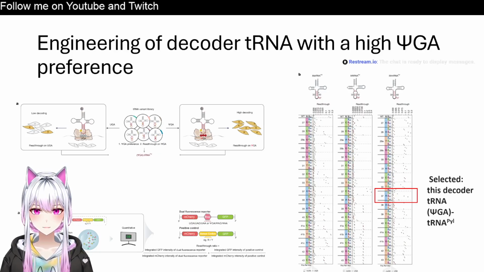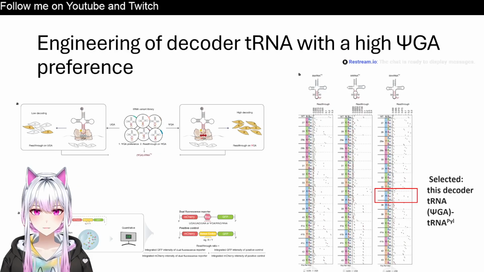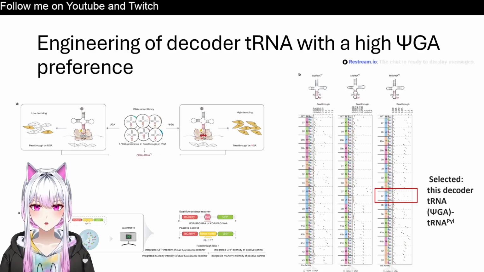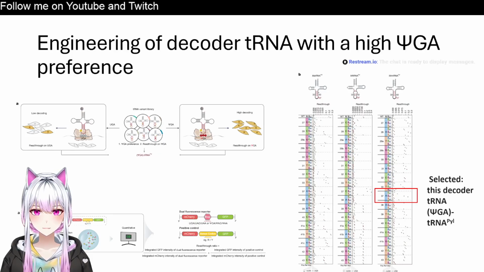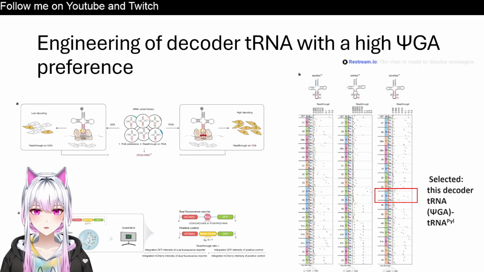They also only want to focus on the ASL because it does not affect the recognition by the enzyme involved in the aminoacylation of the tRNA, so that this enzyme can still generate these variants without affecting its aminoacylation activity.